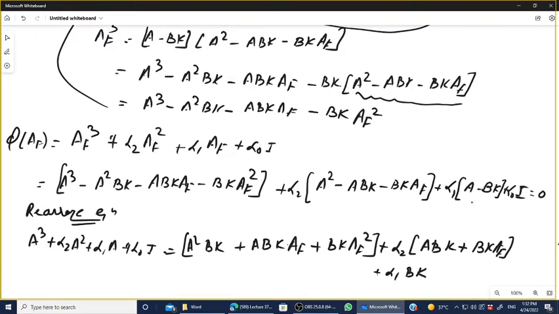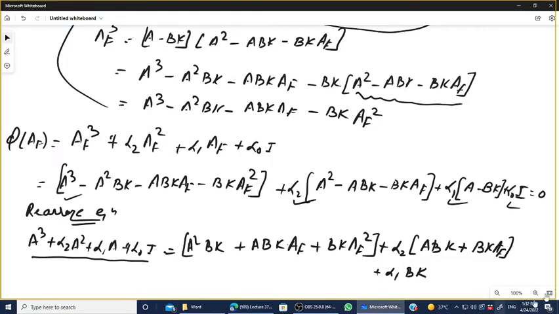Okay, so this we can write, AQ plus alpha 2A square plus alpha 1A plus alpha naught I is here, and all the negative terms we send to the right hand side, and that term is written here.